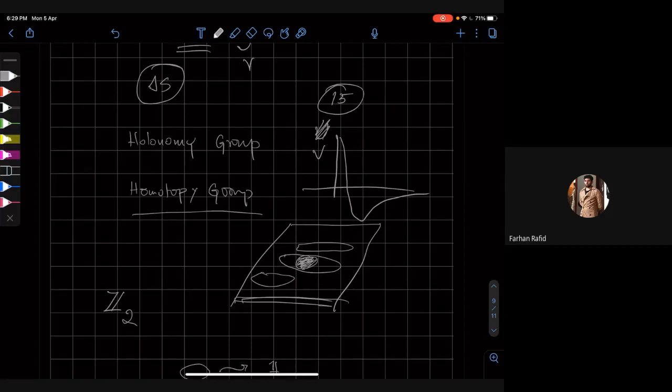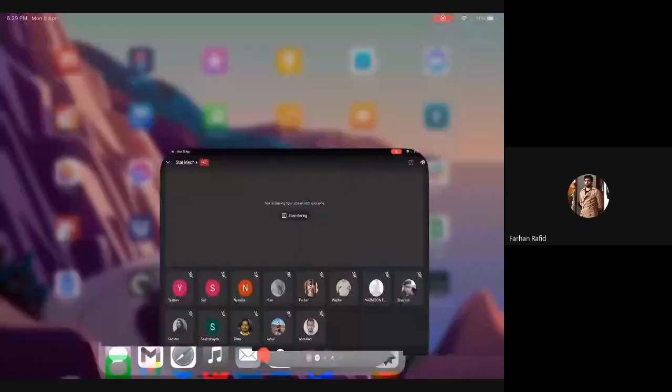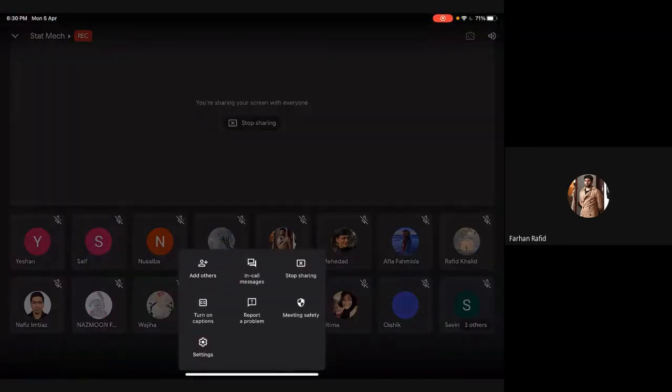I can share the screen. Let me unshare the screen so you can share the screen. I don't think I have to unshare, but anyway, stop sharing. All right.